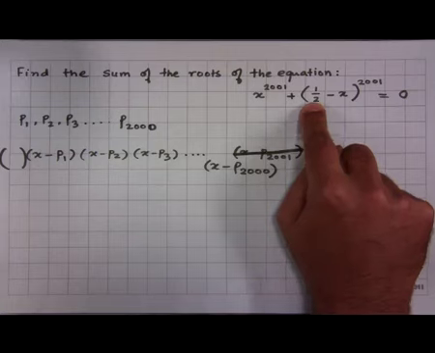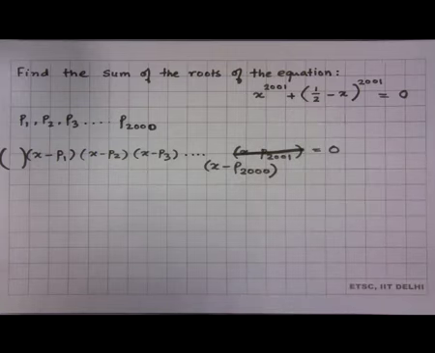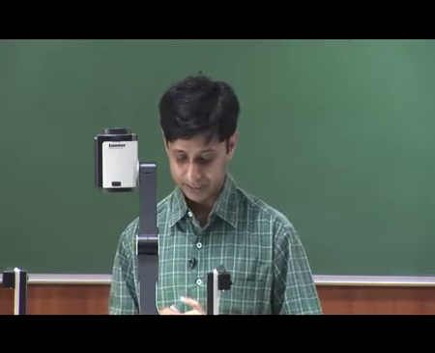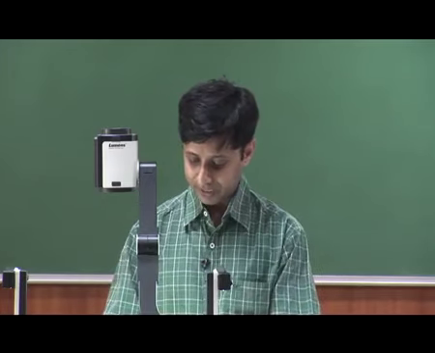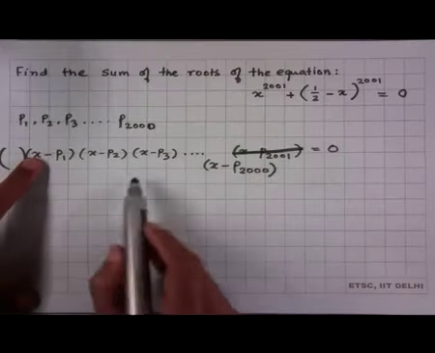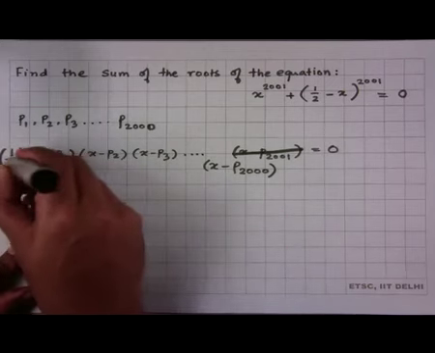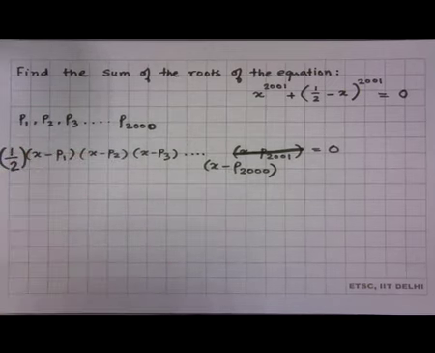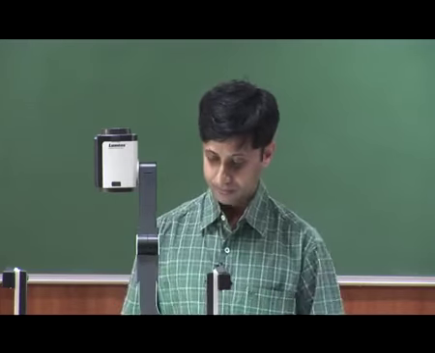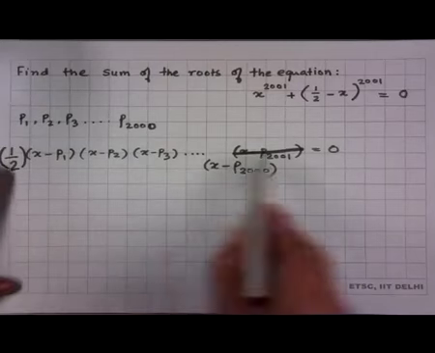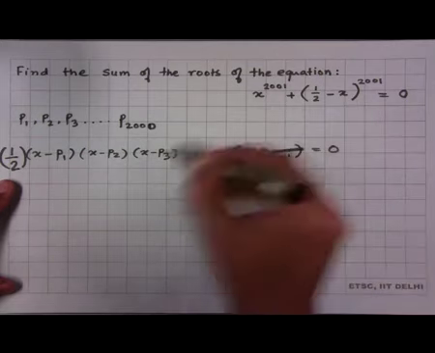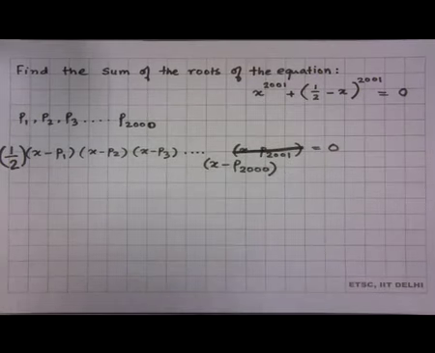So, when it comes to x to the power 2000, the coefficient is going to be half. If you expand this expression, the coefficient should match, which means you should have a half over here. This is another way of writing the same story.